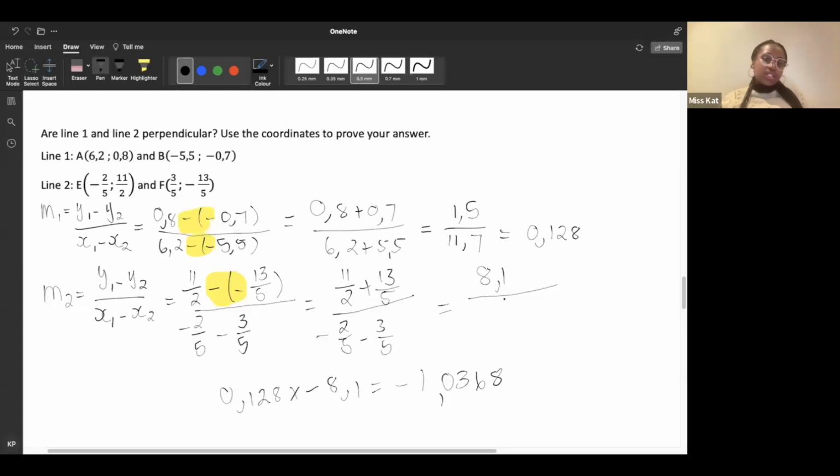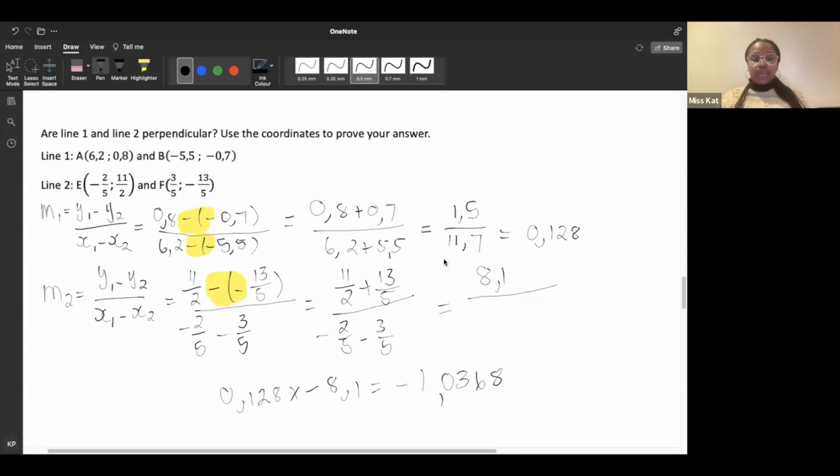What do you get when you do that? Is it 0.2? Remember, they're both negative. So negative 2 over 5 and also minus 3 over 5.